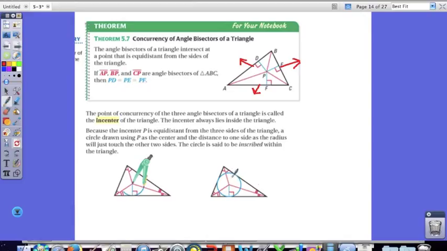So that may help you remember a little bit. Incenter, the circle is inside the triangle. Circumcenter, the triangle would be inside of a circle, and that's called circumscribed. Okay?